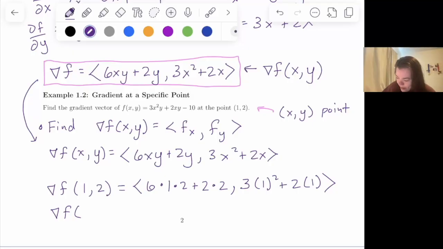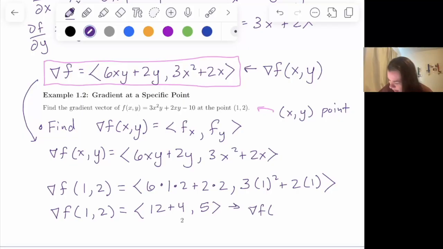So the gradient vector of f at the point 1, 2 is, let's clean this up and not make any mistakes here, 12 plus 4, comma, that should be 5. So this gives me the gradient vector of f at the point 1, 2 is equal to 16, comma 5.